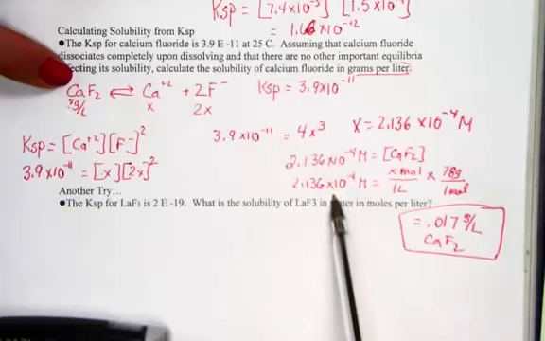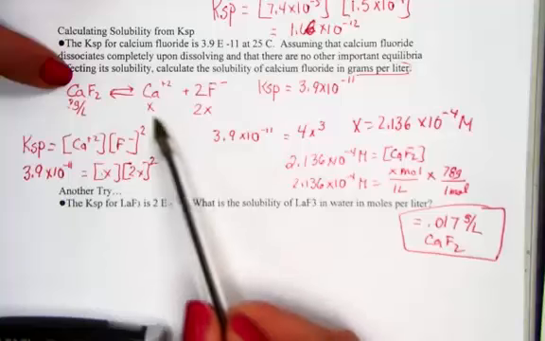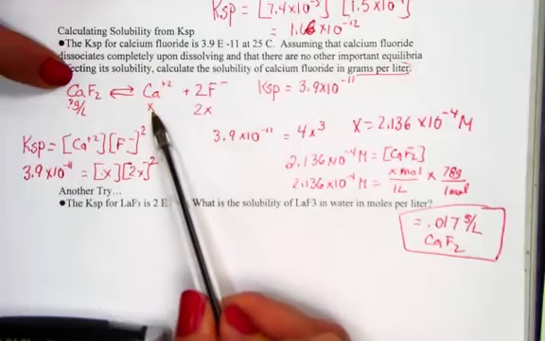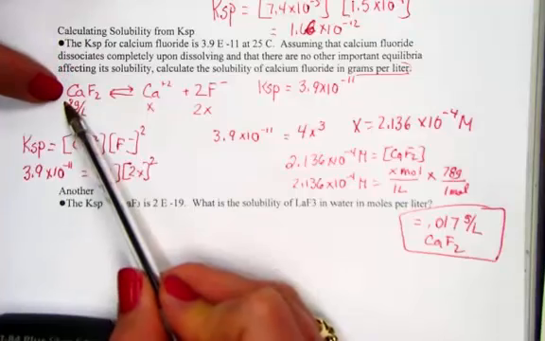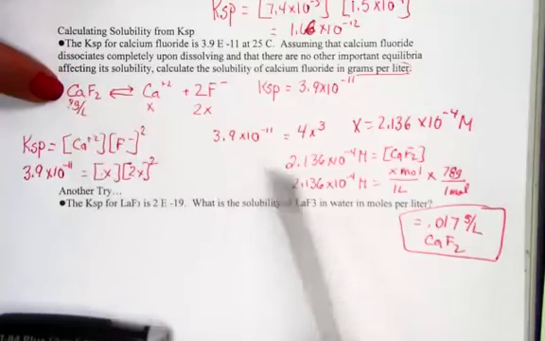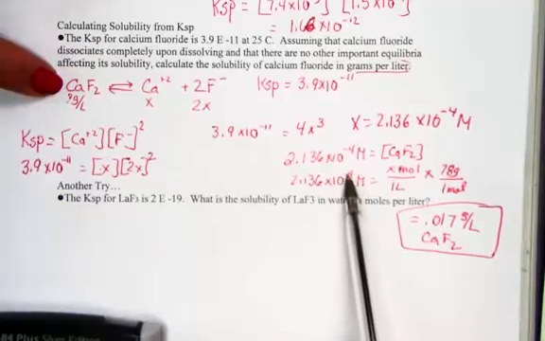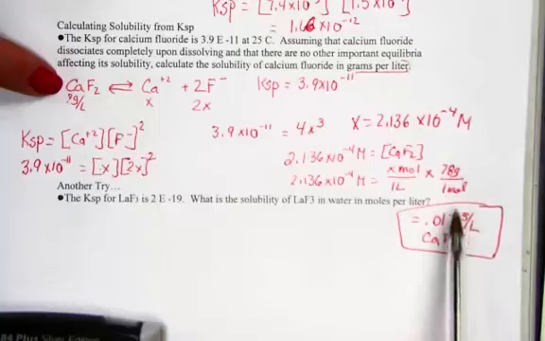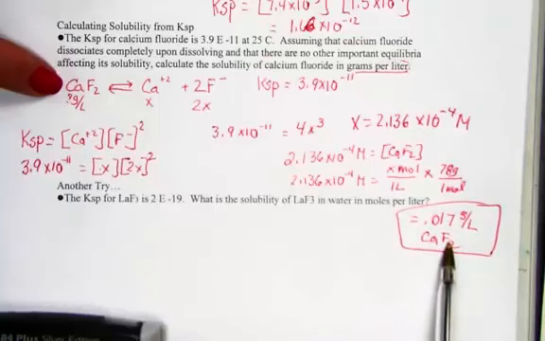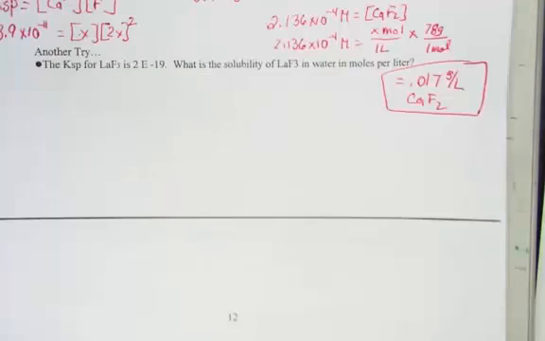Doing the algebra, we pulled out x. X represented originally the calcium ion concentration, but due to the stoichiometry, it also represents the calcium fluoride concentration. From there, we did some molarity work. Molarity times volume pulled out moles. Moles times molar mass pulled out the solubility in grams per liter.